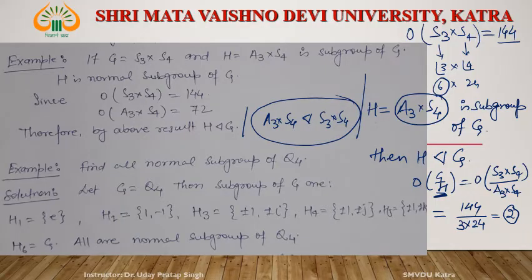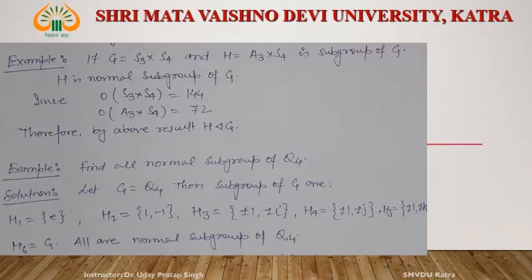Next. Next, find all normal subgroups of the quaternion group Q4. What is Q4? We know that Q4 is equal to plus minus 1, plus minus i, plus minus j and plus minus k.